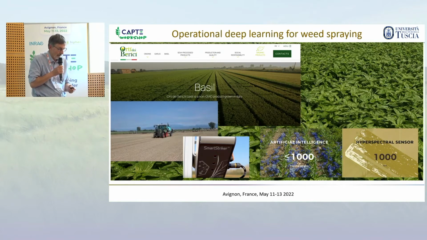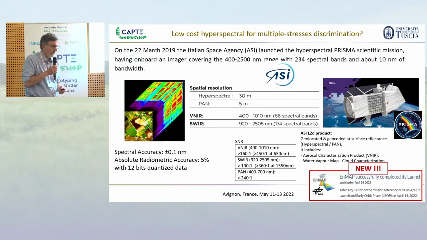So this is really an operational application of the techniques I've maybe shown in this workshop. Another thing I think is important is to be able to discriminate different stresses, as I said before. So there is some expectation of hyperspectral data becoming easily and cheaply available, or possibly freely available to everyone.